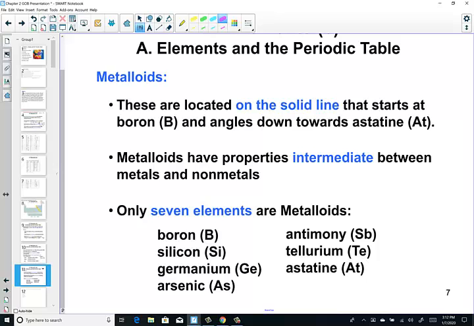I'll repeat them to give you a chance to write. We have boron, capital B, silicon, Si, germanium, Ge, arsenic, arsenic and old lace, that's a poison, it's a white powder, As, antimony, Sb, tellurium, Te, and astatine, At.